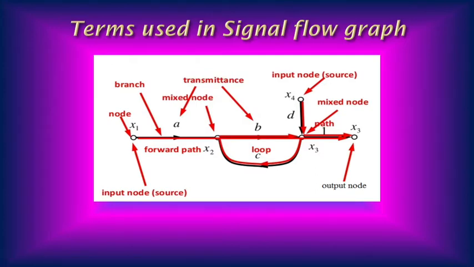Every variable in a signal flow graph is represented by a node. Every transmission function in a signal flow graph is represented by a branch. Branches are always unidirectional. The arrows in the branch denote the direction of the signal flow.